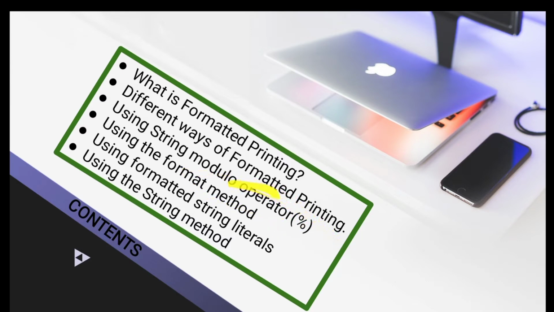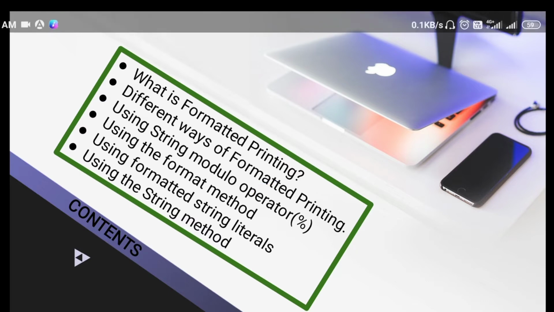The first way is using the string modulo operator, then using the format method, using formatted string literals, and lastly string methods. By using some of the string functions or string methods we can also format. The formatted string literals are nothing but f-strings, which we will discuss in this video. These all are the topics which we are going to discuss in this whole PPT.